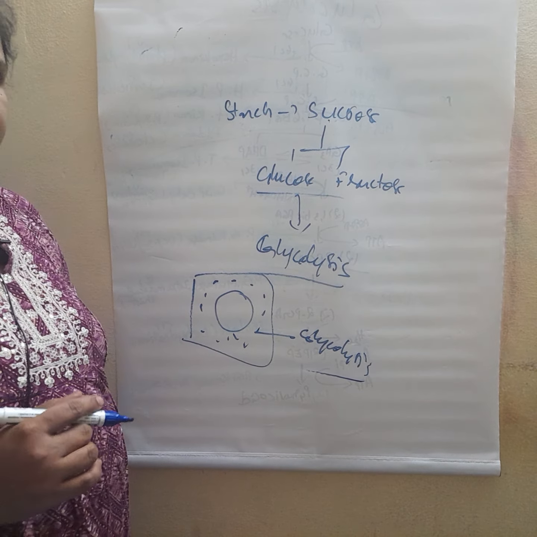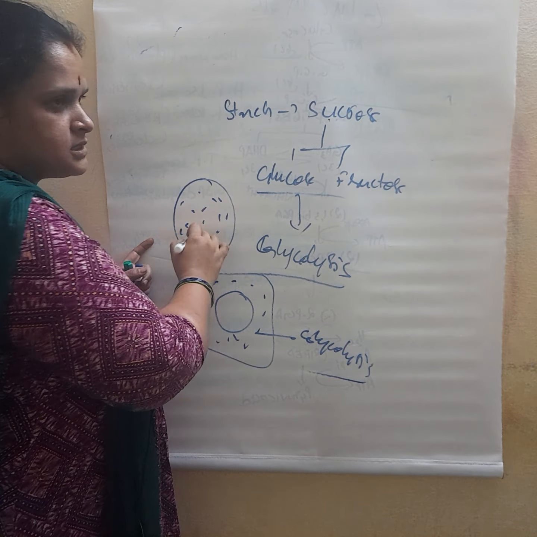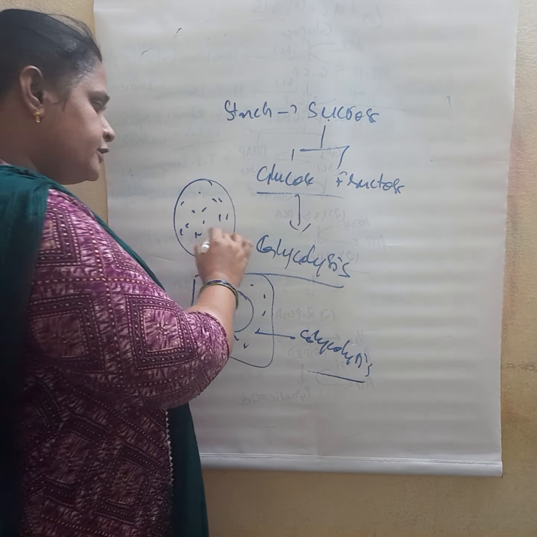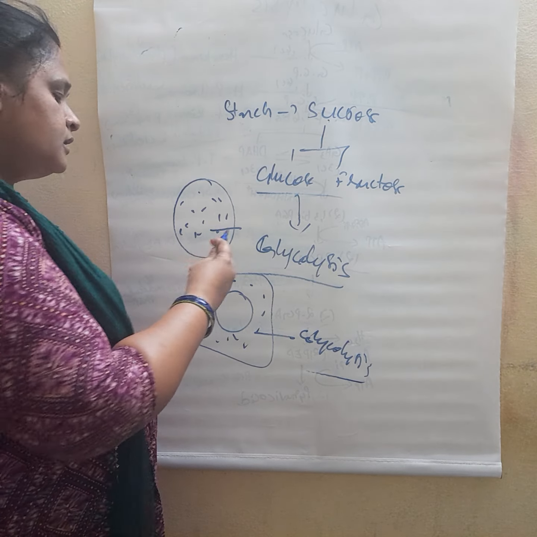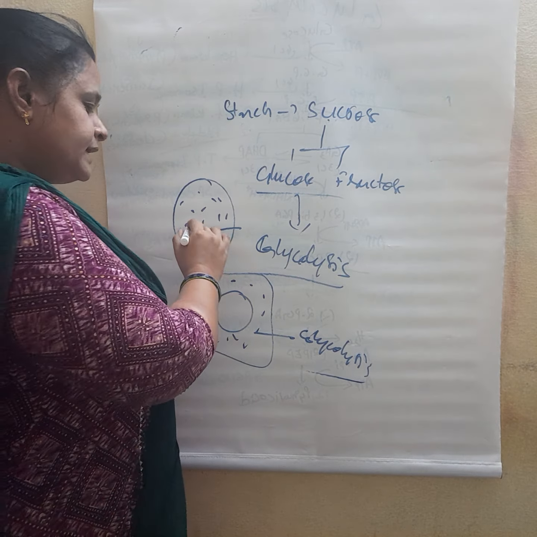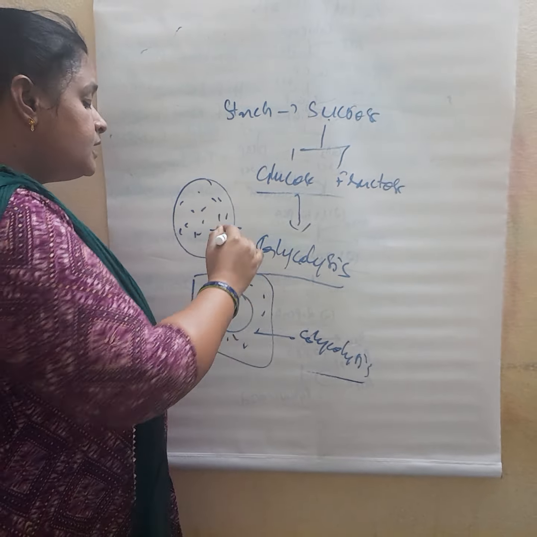If you take a prokaryotic organism, there is no nucleus, right? So in the cytoplasm, only protoplasm is there. There is no nuclear membrane around the DNA. Okay, naked DNA will be there. Leave it. In the cytoplasm, glycolysis takes place.